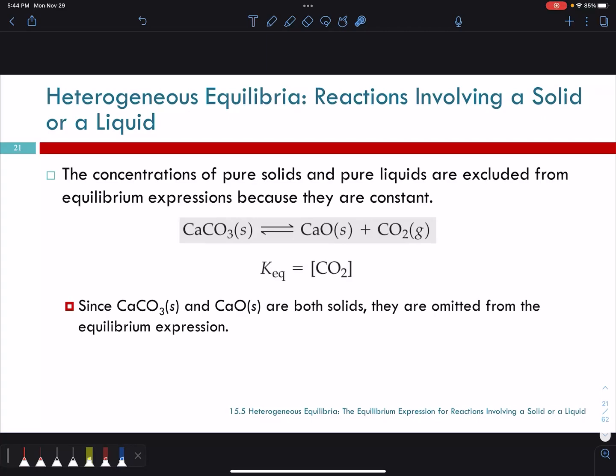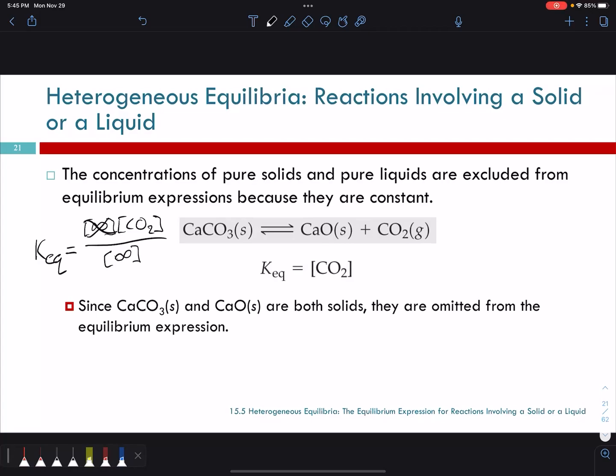So because of this equation, with two solids here, if we were to write the KEQ with the solids in it, it's products over reactants. This concentration would be infinity, multiplied by the concentration of CO2, divided by, in this case, the concentration of infinity, because both of them are essentially in infinite proportions to the rest of the solution.